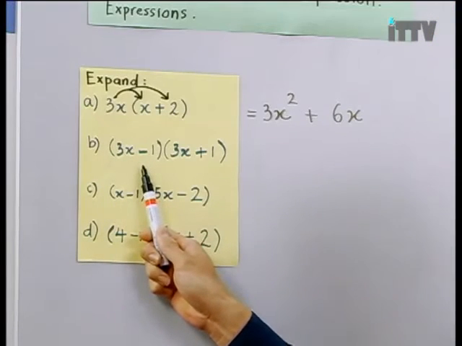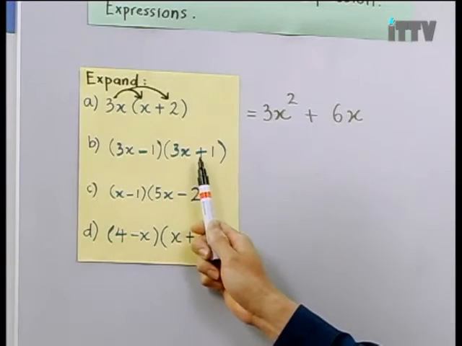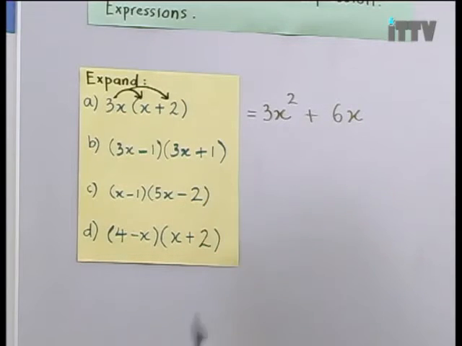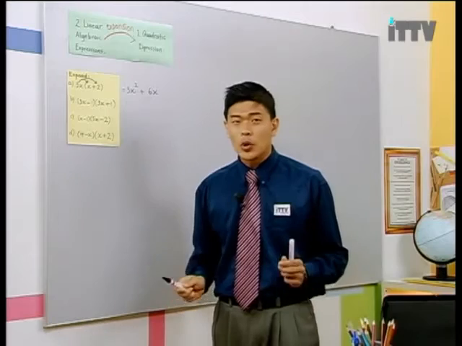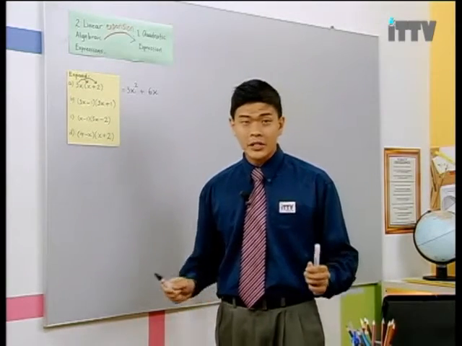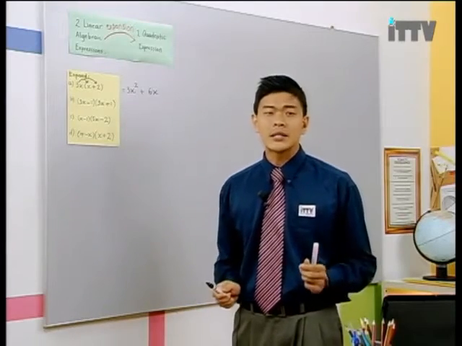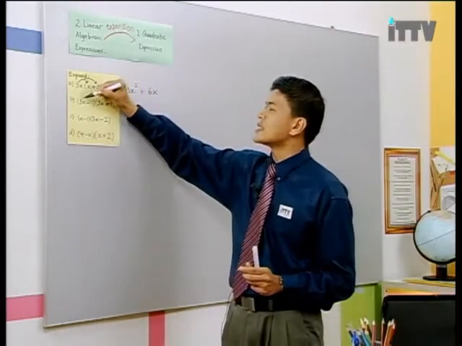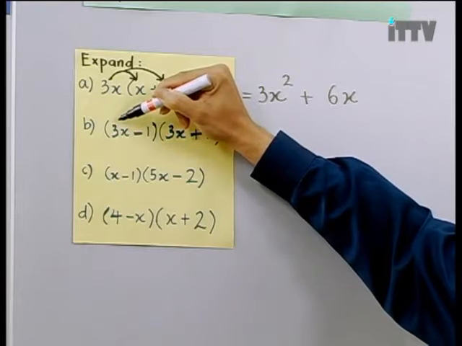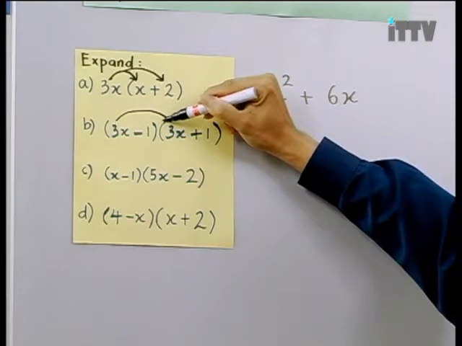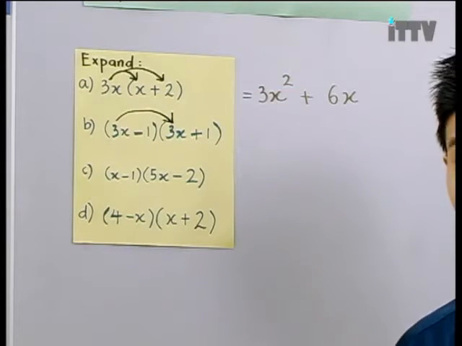3x minus 1 is a linear expression. 3x plus 1 is also a linear expression. And when we multiply them, you will obtain a quadratic expression. Remember, be careful, step by step, term by term. Start from the first term in the first expression, 3x, and multiply it with the first term of the second expression.